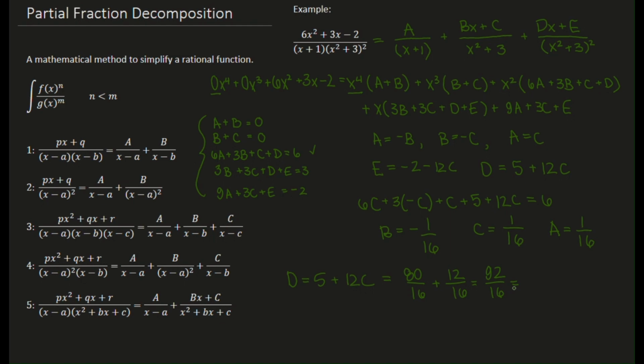And since I know e equals -2 minus 12c, I know that it is -32 over 16 minus 12 over 16, which equals -11 over 4. And I found all of my unknown values now.